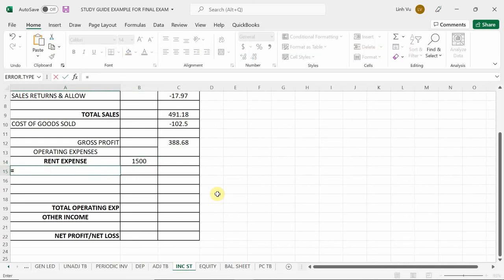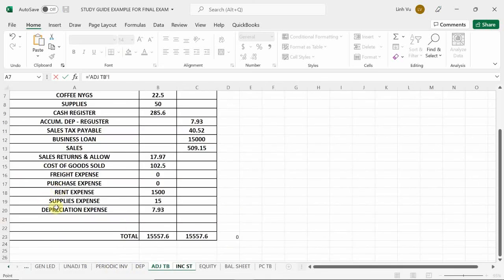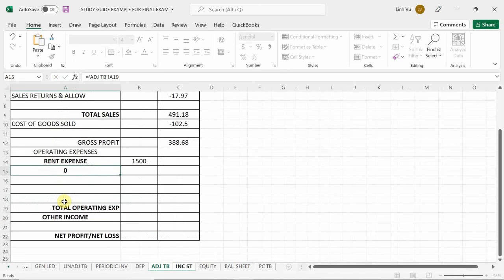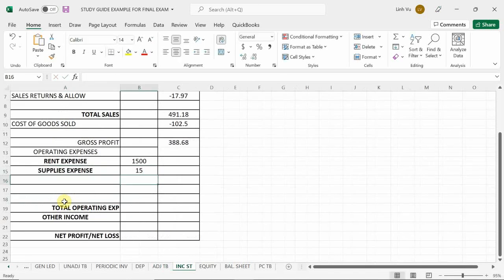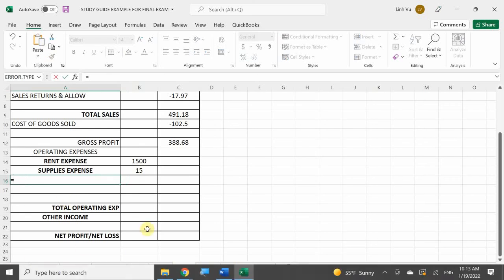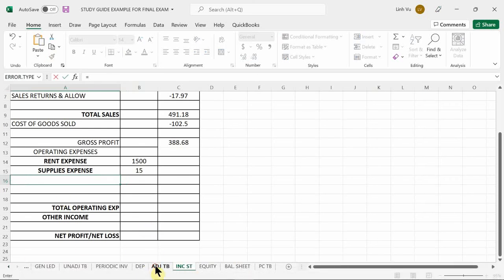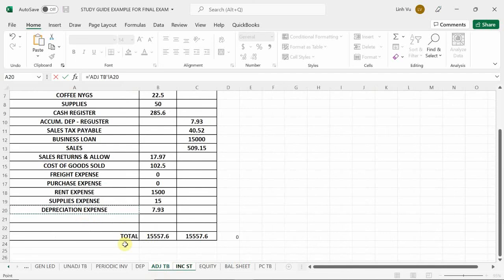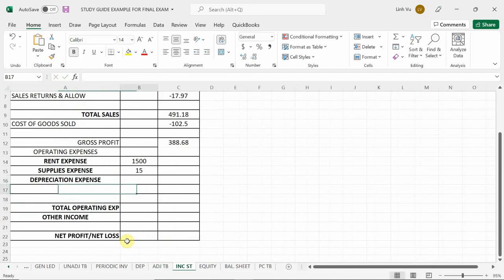$1,500. We had supplies expense for $15. And lastly, we had depreciation expense for $7.93.